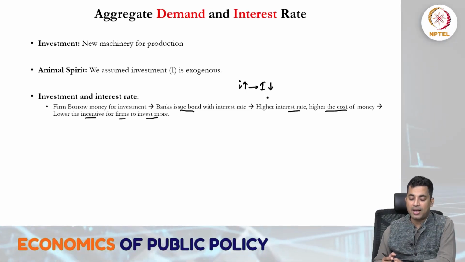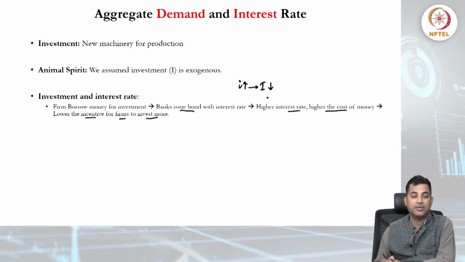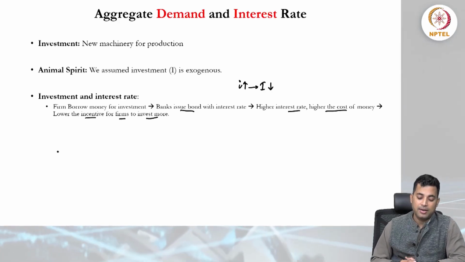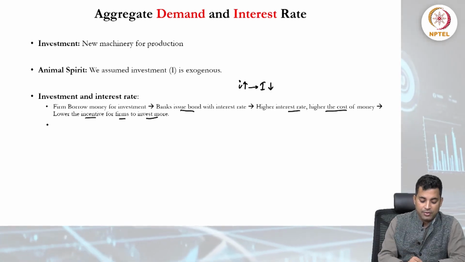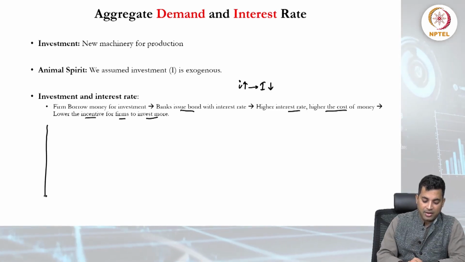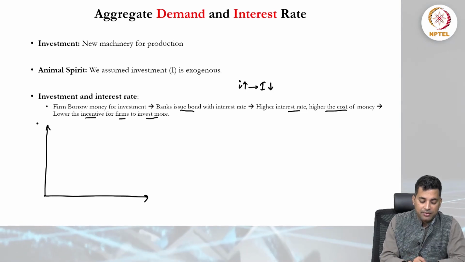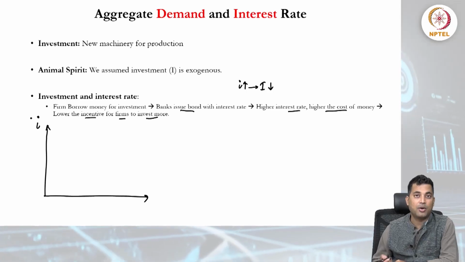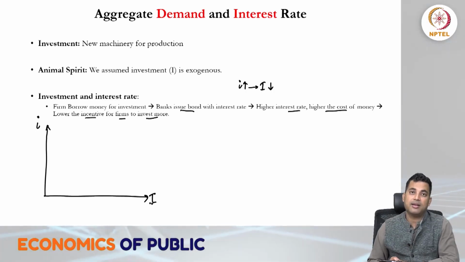So here we see that in case of actual investment in the aggregate demand function, the rate of interest and investment are inversely related. So if we can plot, just like the way we plotted consumption and income, we want to understand investment and rate of interest, their functional relationship, where small i is the rate of interest and capital I is the investment.